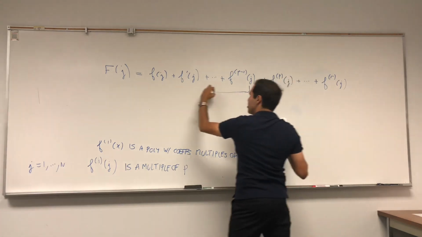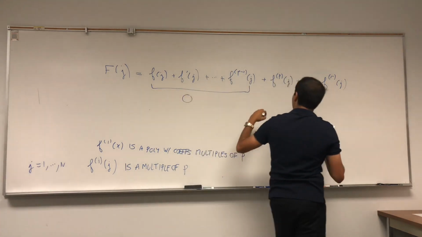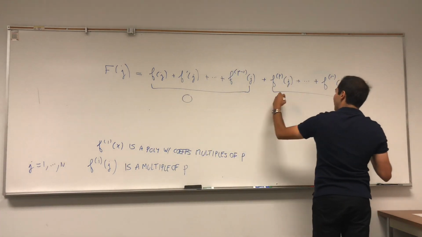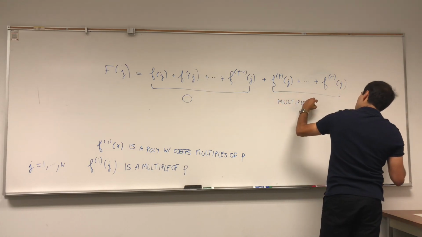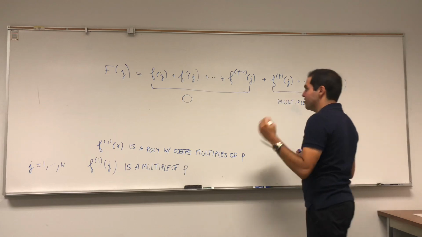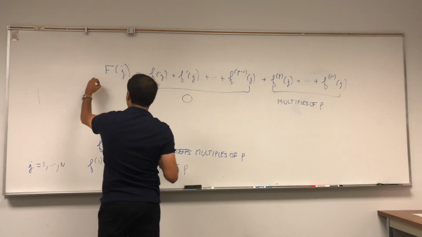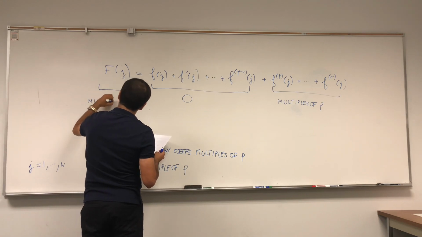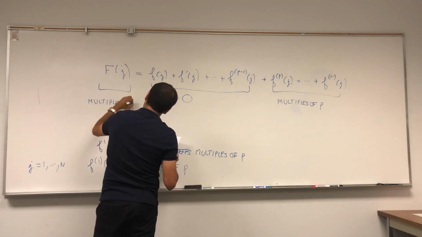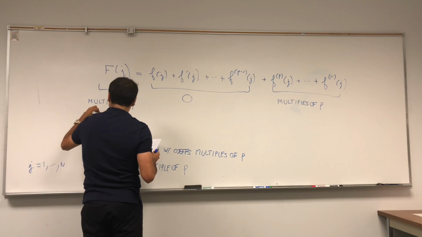Again, all those terms are 0, and those terms are just multiples of p. And so in particular, f of j is a multiple of p. And in particular, it's an integer.